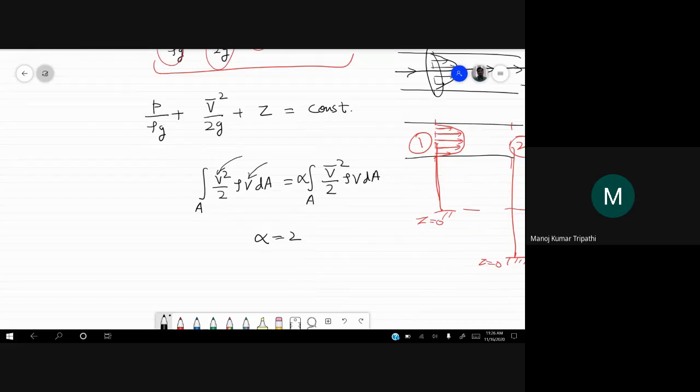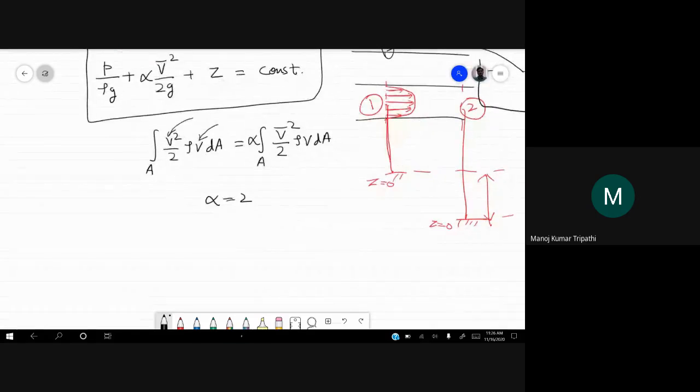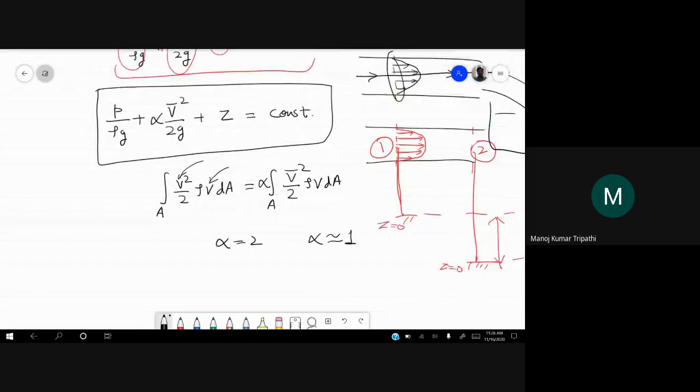So alpha, which should be multiplied here, is 2 for a circular cross section pipe and for laminar flow. For turbulent flow, alpha is very close to 1. So for turbulent flow, you don't have to put any alpha here, it is 1. And you can take the average velocity.